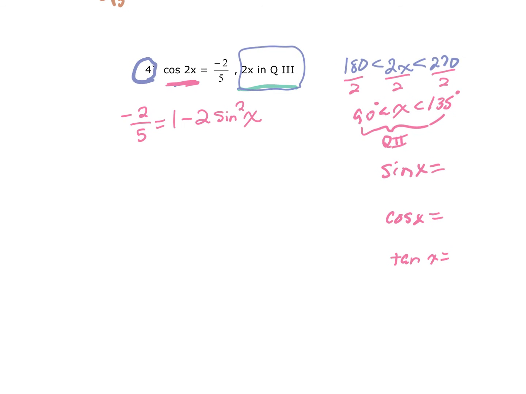All right, so we're going to subtract 1 first. And then I'm going to multiply by this negative 1/2.